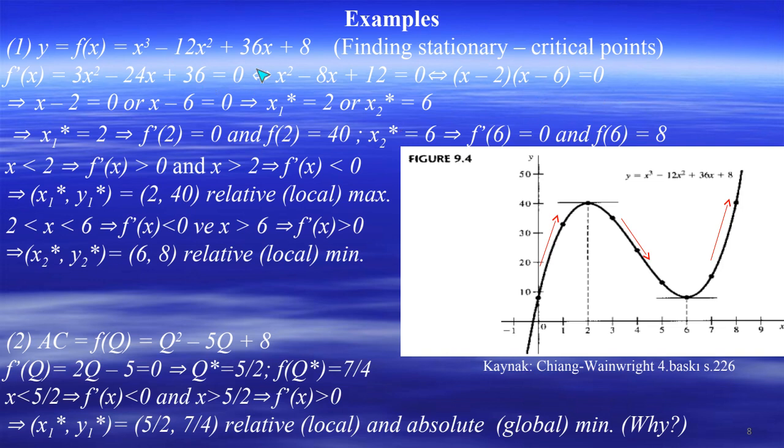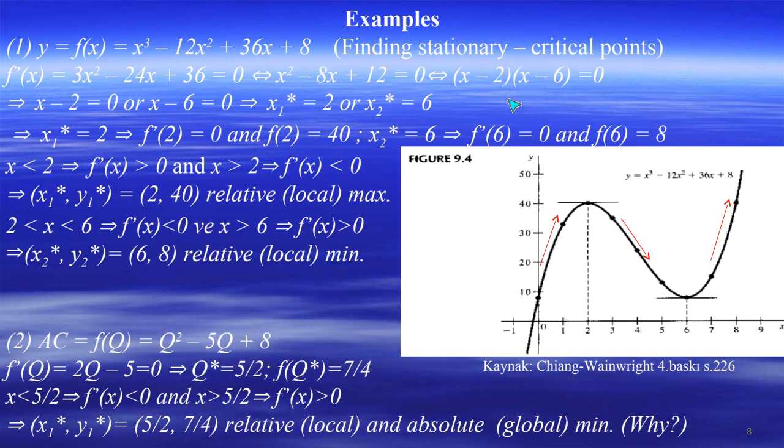And y2 star is 40. But this is not so important. We have to make an analysis using the first derivative. So the first derivative of the function is 3x squared minus 24x plus 36, which is 3 times (x minus 2) times (x minus 6).